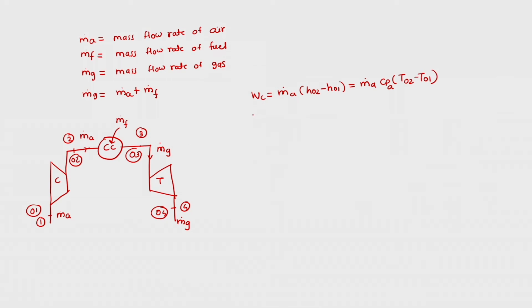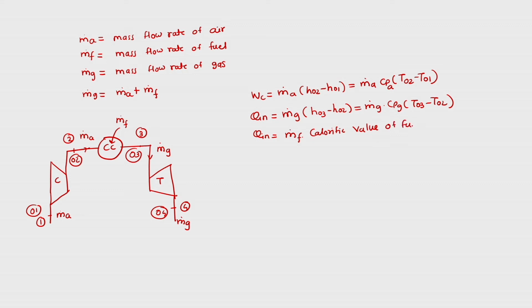For combustion, Q in is equal to m dot g into h naught 3 minus h naught 2, which is m dot g into Cpg into T naught 3 minus T naught 2, which is practically equal to mass of fuel into calorific value of fuel.